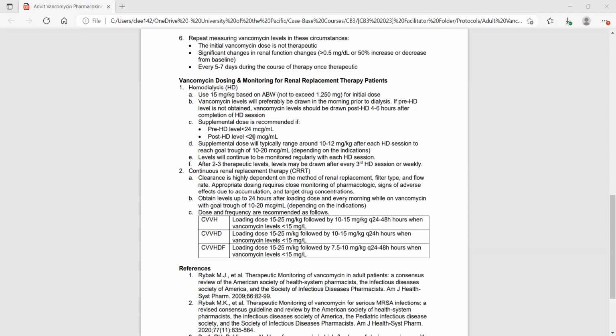And then you do another dialysis, the second one, and then it goes below 20. So after that, you might want to give a supplemental dose, but you have to see first what their 10 to 12 milligrams per kilogram is. You probably don't want to give another 1,000 milligrams just because it lasted 2 dialysis for the patient to clear out the vancomycin.